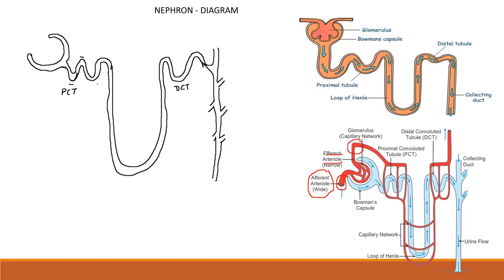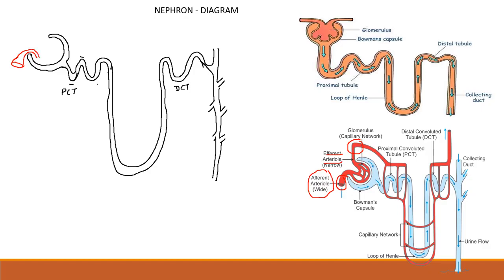So first we are going to draw the efferent arteriole. Arteriole is the smallest artery, okay? So the renal artery which enters into the kidney will divide and redivide and form the arteriole, which is the smallest artery, that is efferent arteriole, okay?